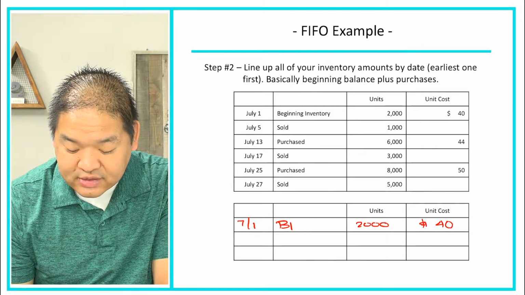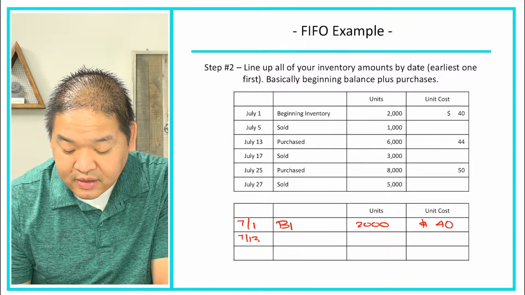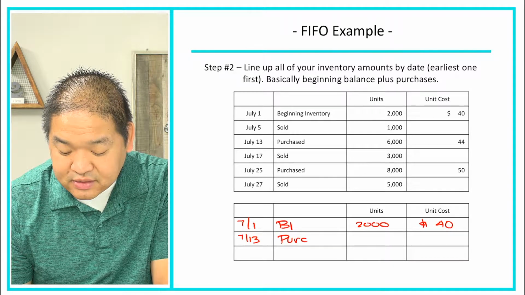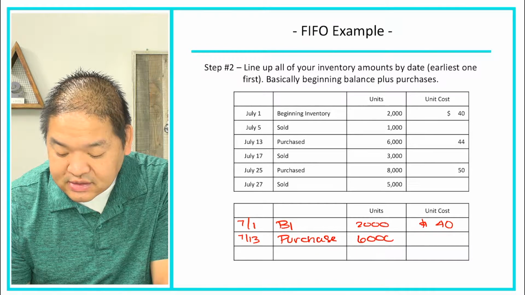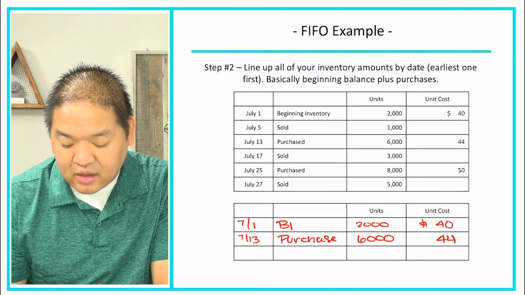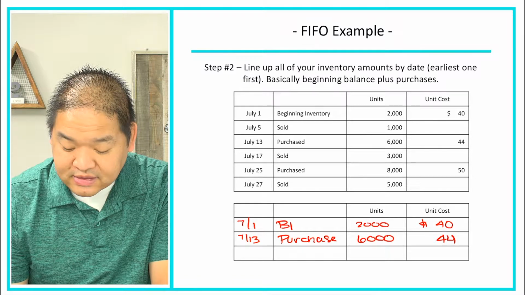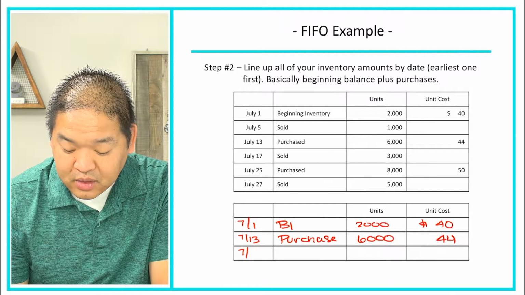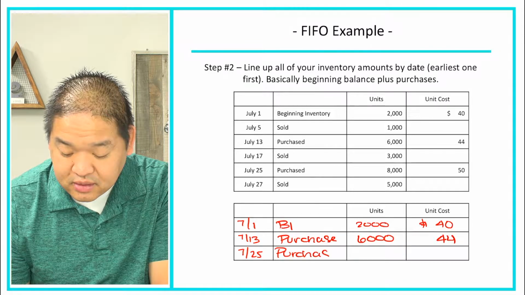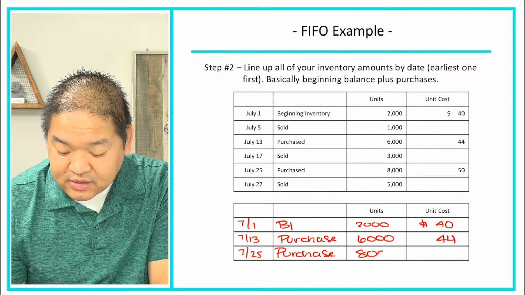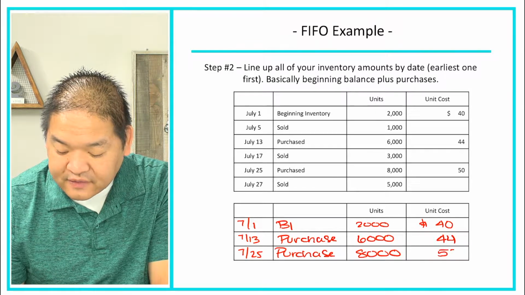On 7/13, it looks like we made a purchase, and that purchase equated to 6,000 units at $44 a piece. Then on 7/25, we made another purchase, and that's going to be for 8,000 units at $50.